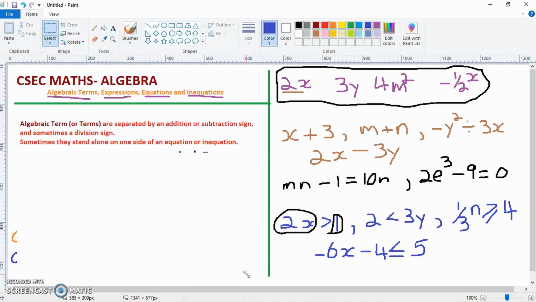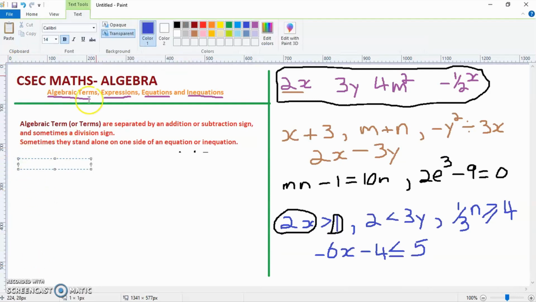Now, this was an explanation of algebraic terms. We also have algebraic expressions, and let me write that here. Expressions are basically a combination of two or more algebraic terms.